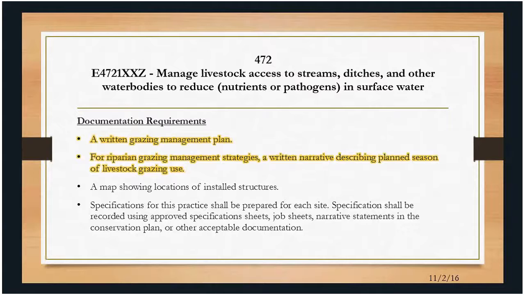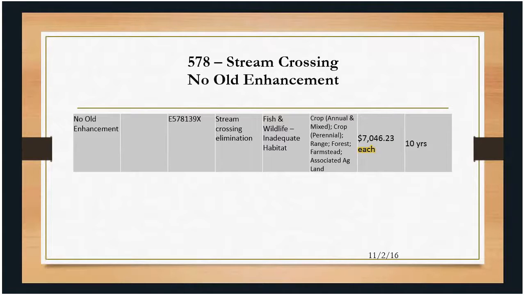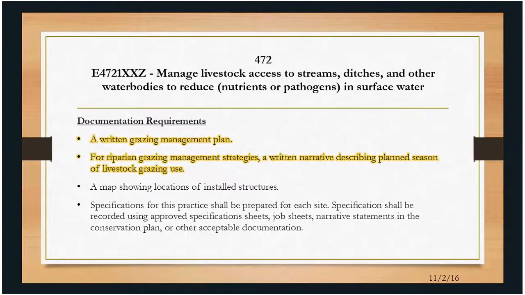It's not constrained to a fence, but basically this enhancement wants you to fence the surface water off from livestock access. You can see that's where they're going with this. So any questions about these enhancements?